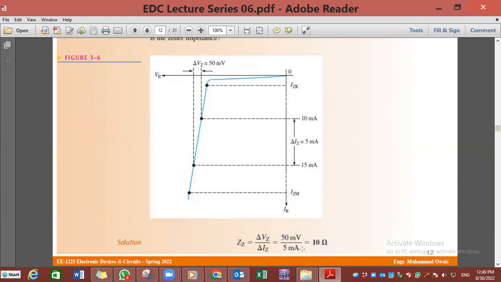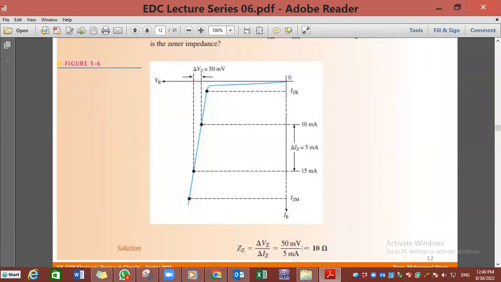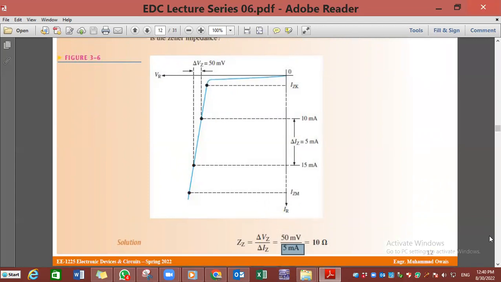So 50 millivolt divided by 5 milliampere. I am getting these values from the picture, 10 to 15, that is 5 milliamperes here, and delta Vz, as mentioned, is 50 millivolts. So we come up with ZZ given by 10 ohms.